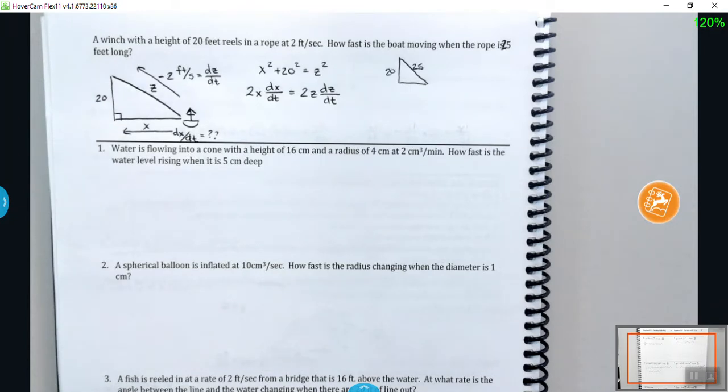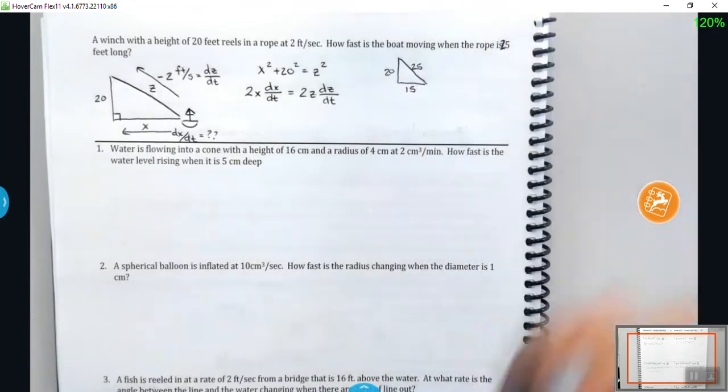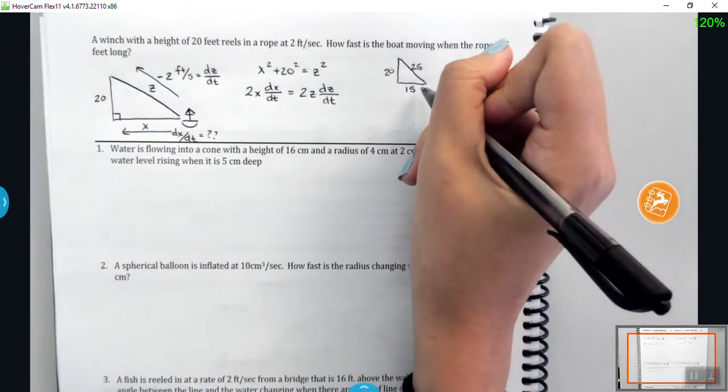So what are we doing? x, right? 15. Oh, that's a nice triangle.